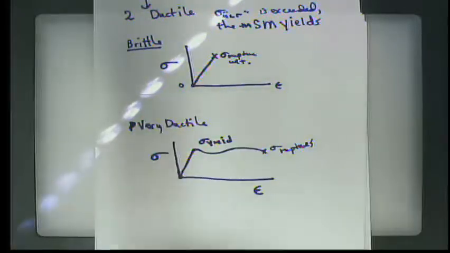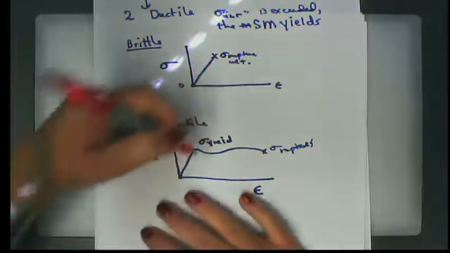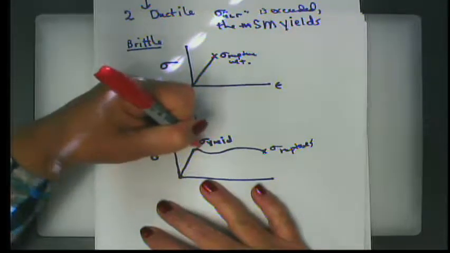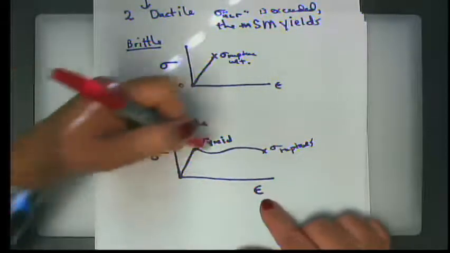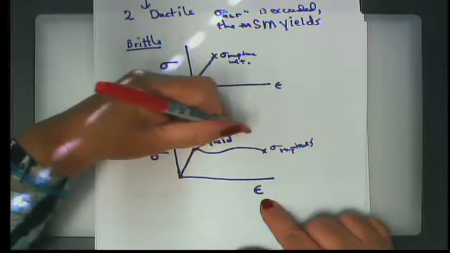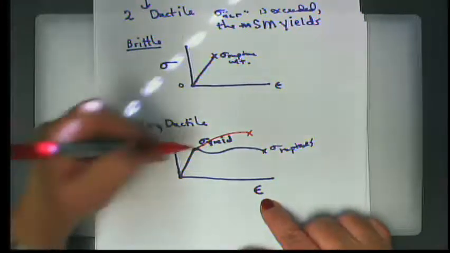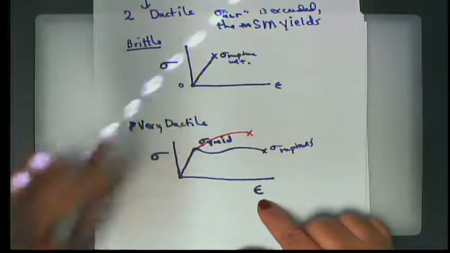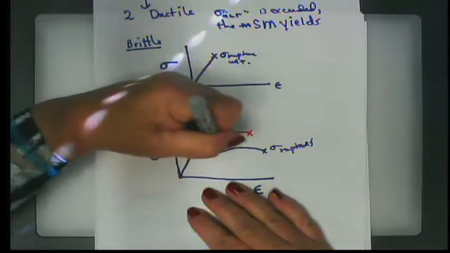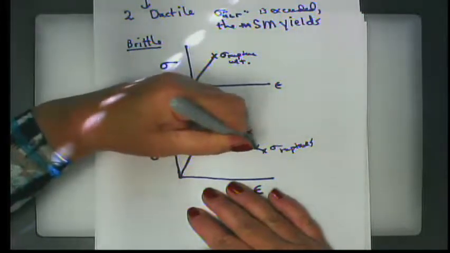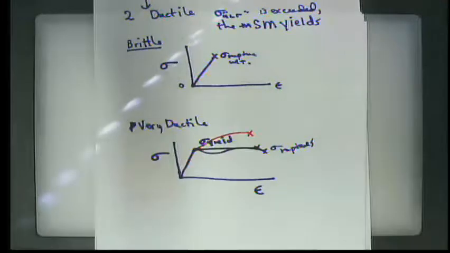Now, the curve could look like this, or for other materials, we'd have the same sigma yield and the same profile prior to yield, but maybe it's going to look like this and rupture like this, or maybe it's going to yield and then continue straight on this line for some distance until it ruptures.